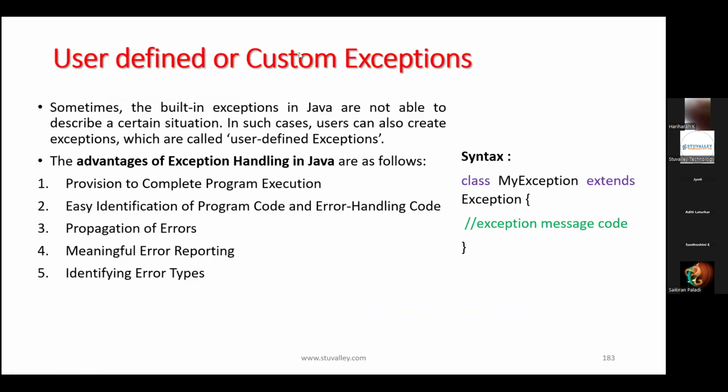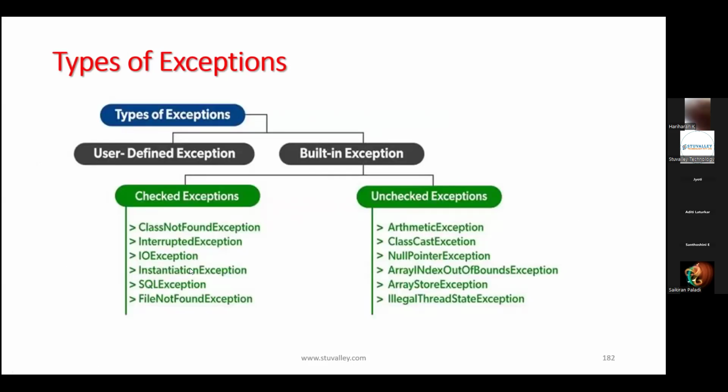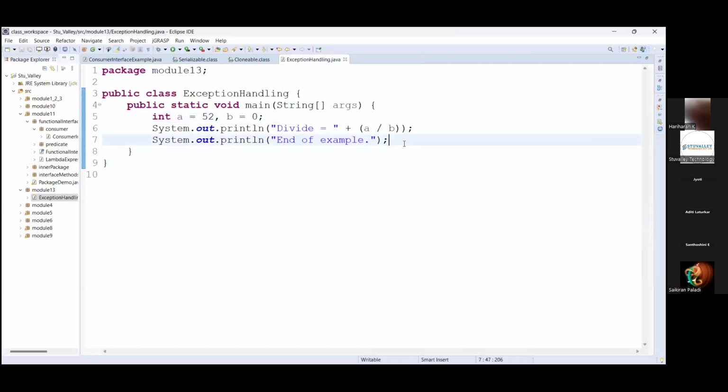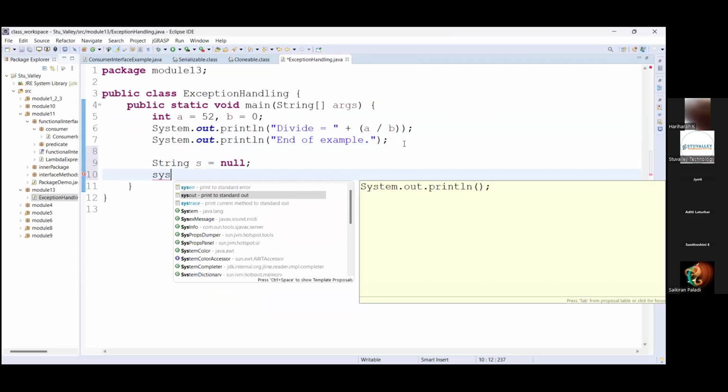First, we have seen the types of exception, built-in exceptions. We have already seen one example for the built-in exception, that is this arithmetic exception. If we try to use one more, if I am using String s equals null, then I'm trying to find out the length of this particular string.